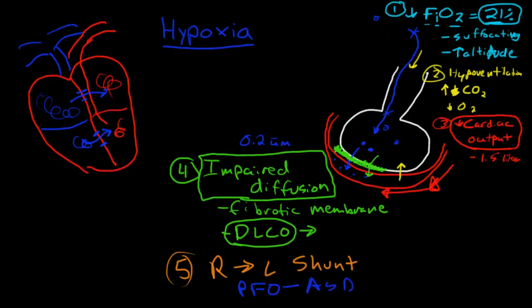It could be a ventricular septal defect, or VSD. This is an anatomic shunt that causes the blood from the right side of the heart to mix with the left side of the heart.